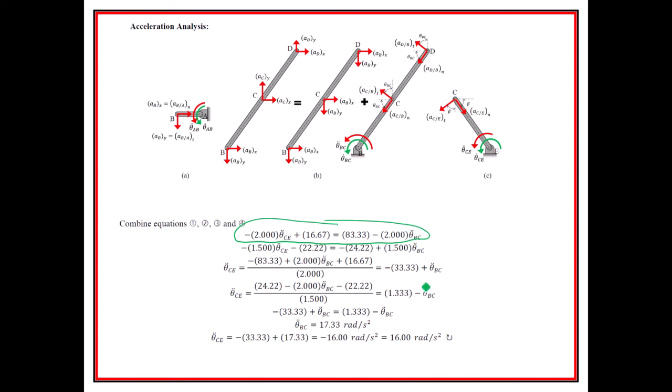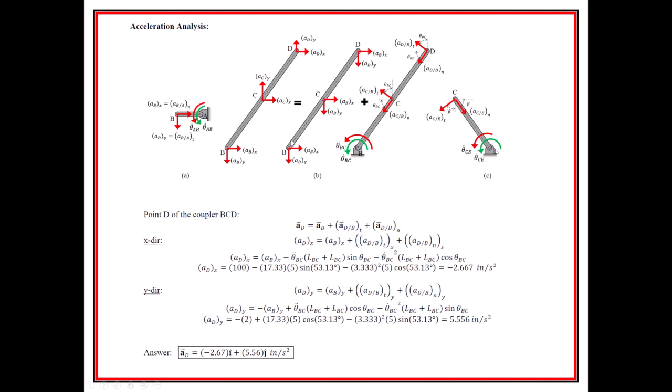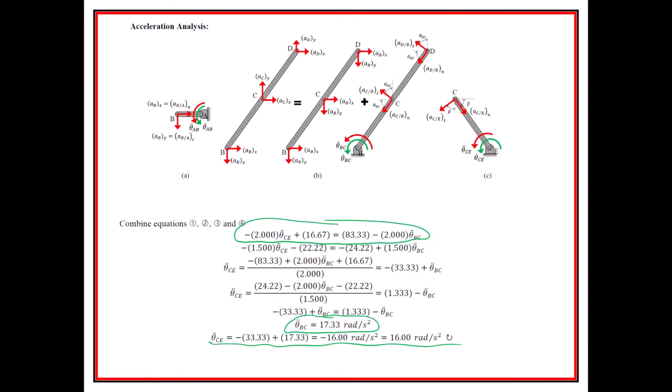And so I solved for theta double dot BC. Do a little bit of math, stick them in there, and then solved for theta double dot CE. And then once I knew that, I could find, if I wanted to, the acceleration at C. But I didn't really need that, so I didn't solve it.